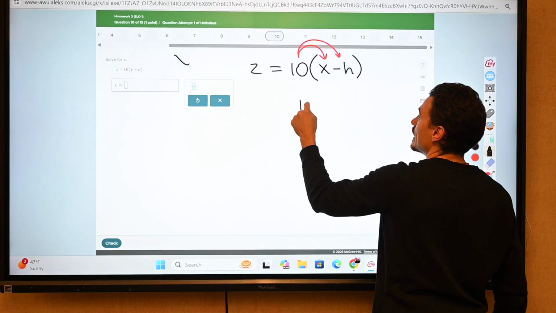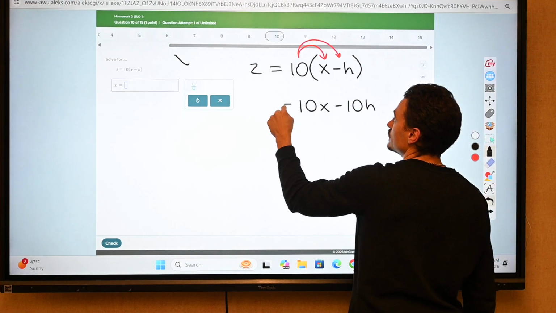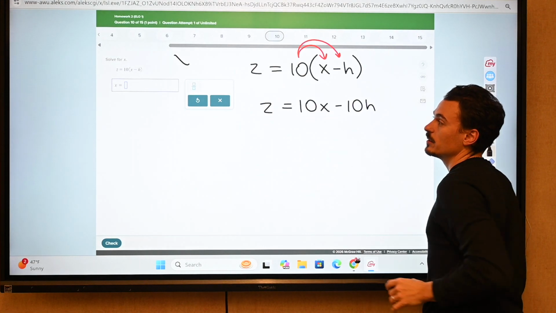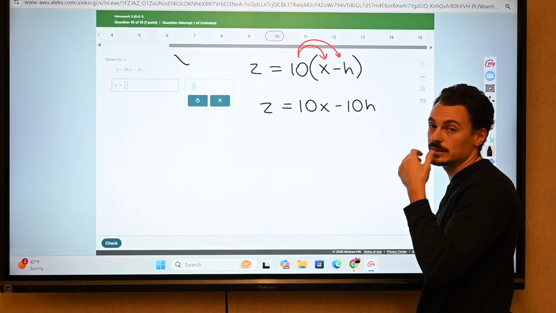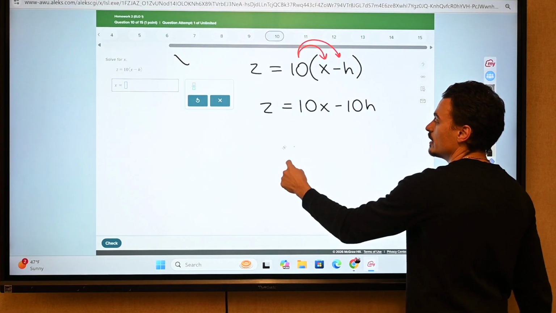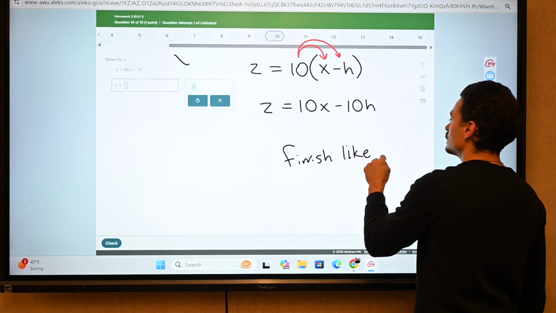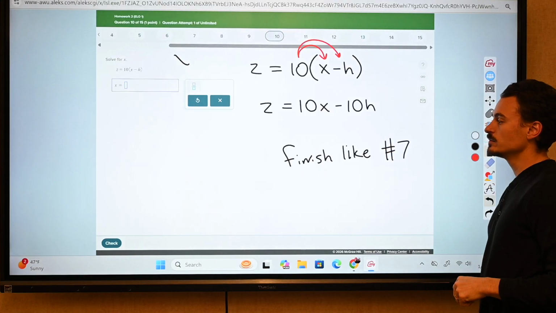So that's going to give me 10x minus 10h equal to z. And now this problem is pretty much the exact same problem we just did on number 7. So I'm not going to finish it. But you would finish like number 7.